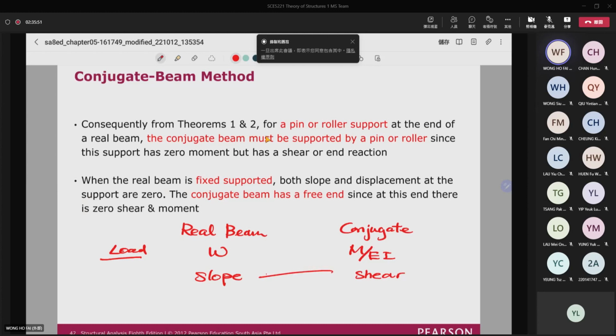Then directly they are equal. For the deflection, they will be the same. For the moment, you just need to find the deflection. For the shear, you can find the slope. But remember, for the conjugate beam, the load would be equal to M over EI.